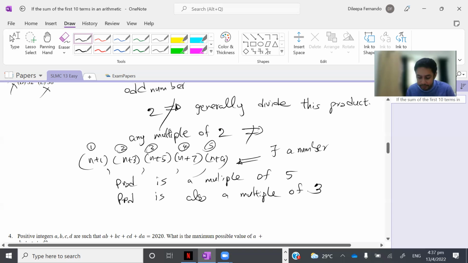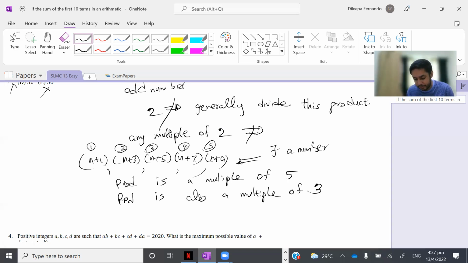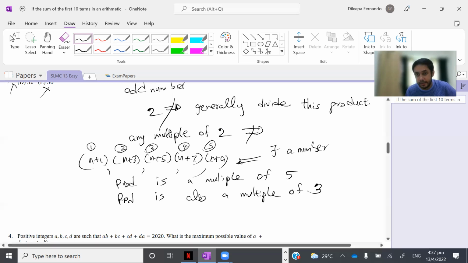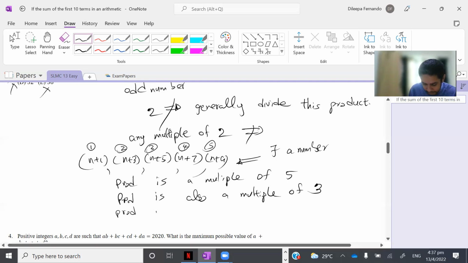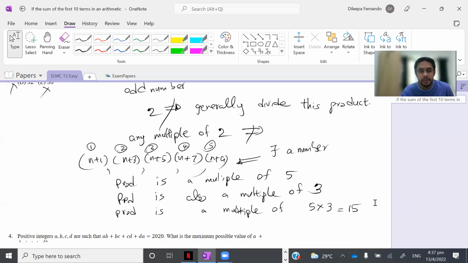So the product is a multiple of 5 and a multiple of 3, and you know that 5 and 3 are co-prime, that means they don't have common factors. That means the product is a multiple of 5 into 3, 15. So that is how we arrive at the answer.